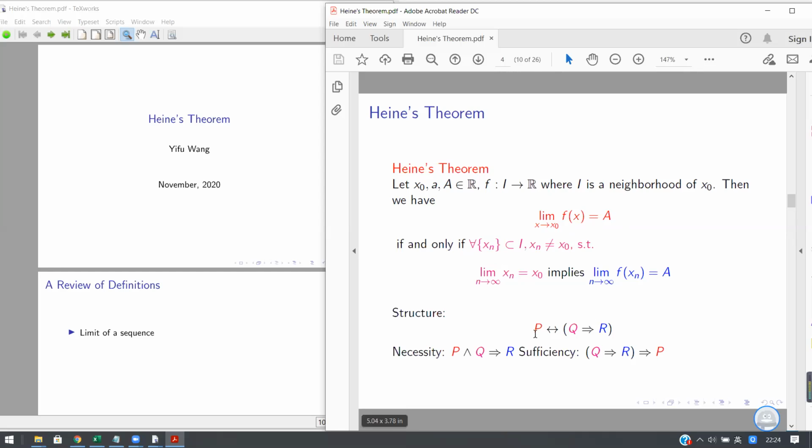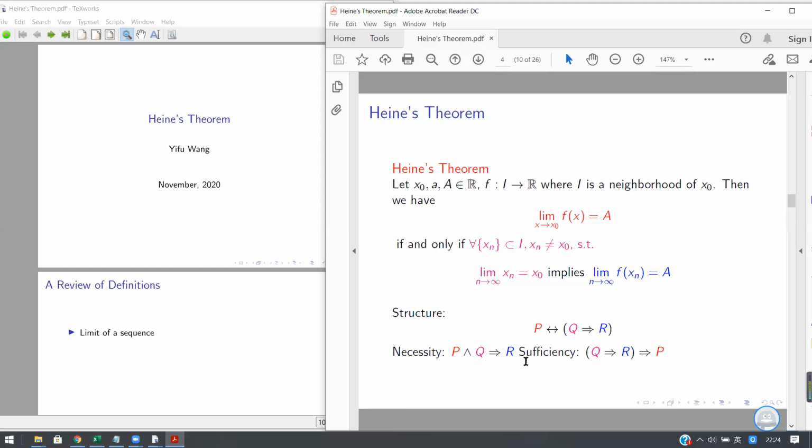For the necessary side, we assume P and also assume Q and try to deduce R. Is that clear? And for the sufficient part, the opposite side, we assume that Q implies R and finally try to deduce P.